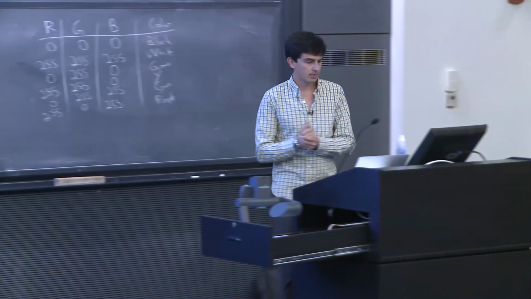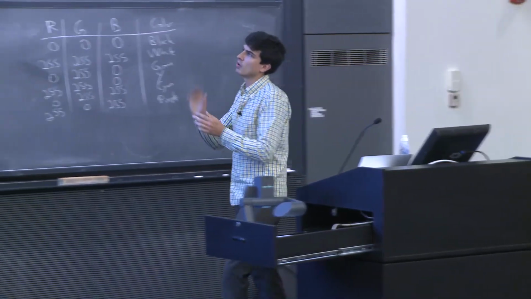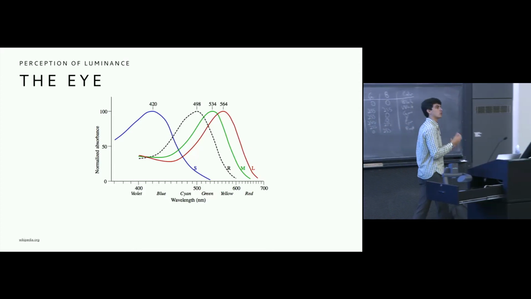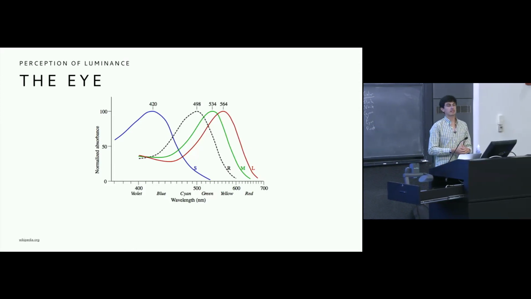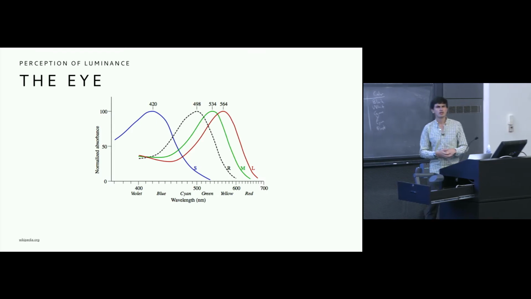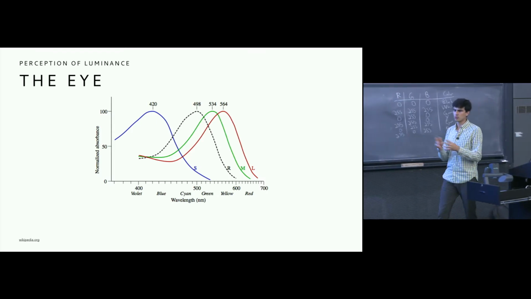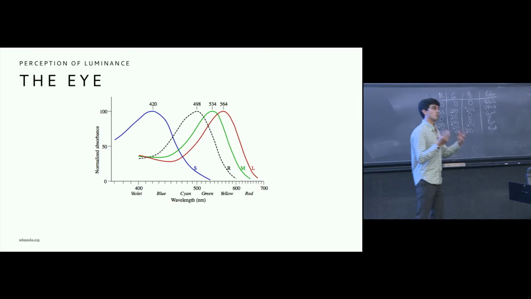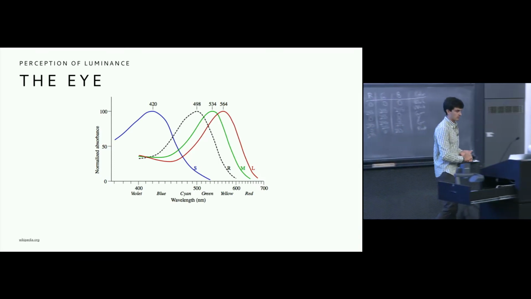The S type, the short type, all the way on the left is reserved for blue, and we have far fewer cones that can actually detect that color. Detection is perhaps not really the correct word. We have fewer cells that would be stimulated by light at that particular wavelength.